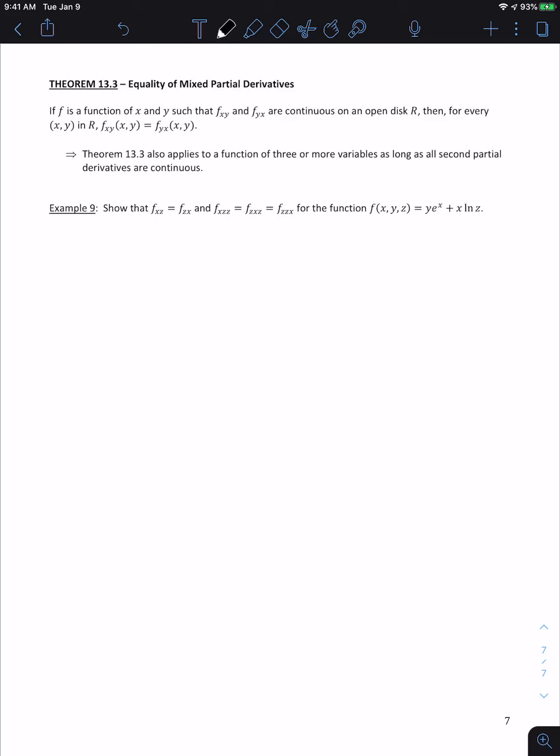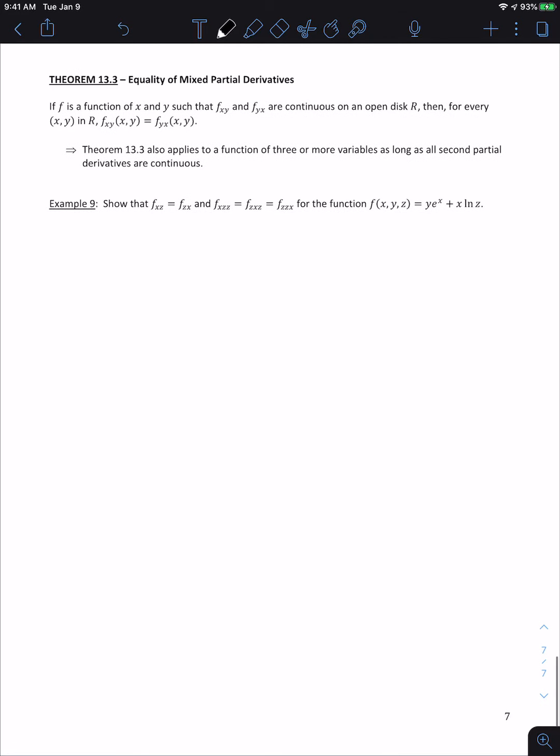If you have a function of x and y such that the partial derivative with x then y, and the partial derivative with y then x, are continuous on an open disk, because remember, I'm plugging in x, y values into it, so it looks like a plane, then you can switch the order and they'll still be equal. This also applies to 3 or more variables as long as the second derivatives are continuous.